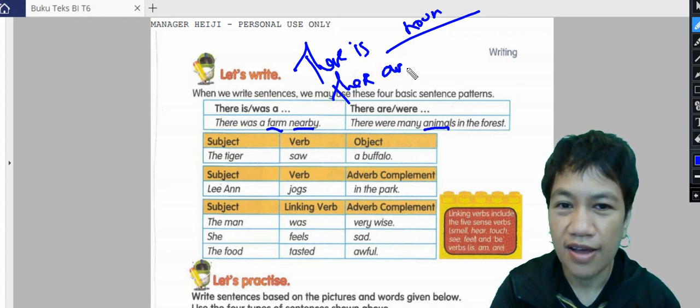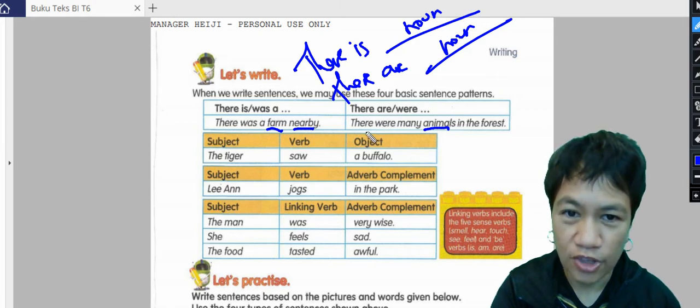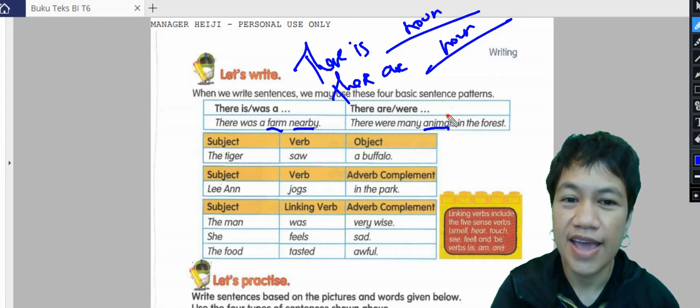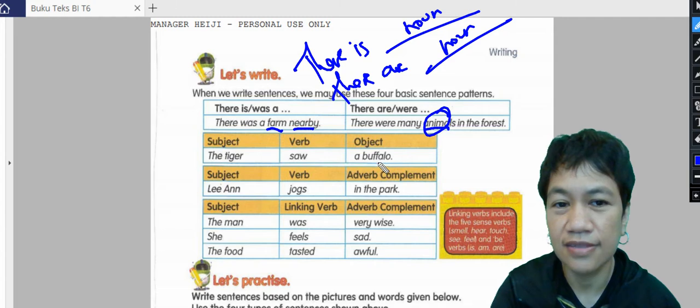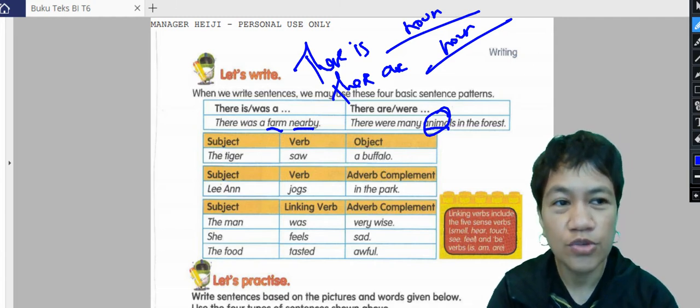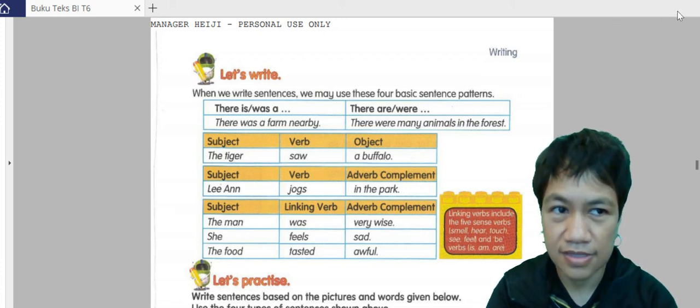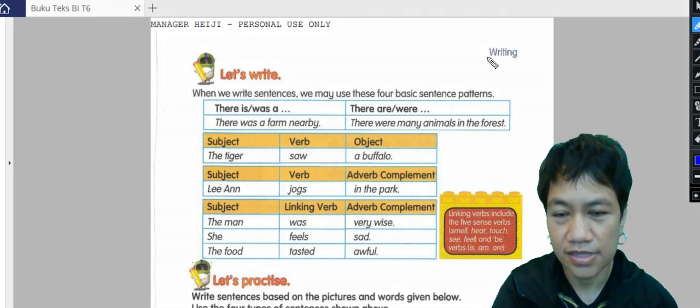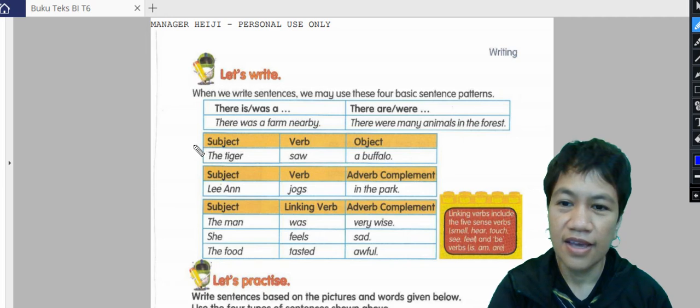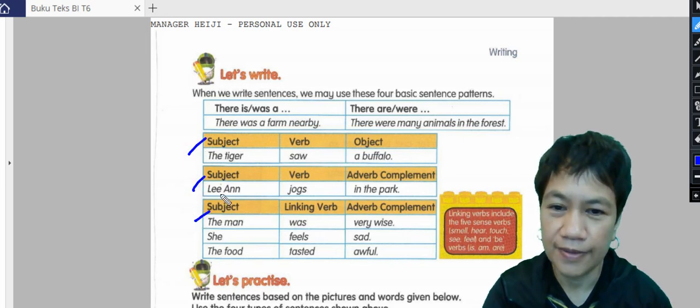Same with there are, followed by a noun. There are, or there were, many animals. Animals is the noun. So you can use these sentence patterns, there is, there are, if there is a noun in the sentence. And followed by this one.